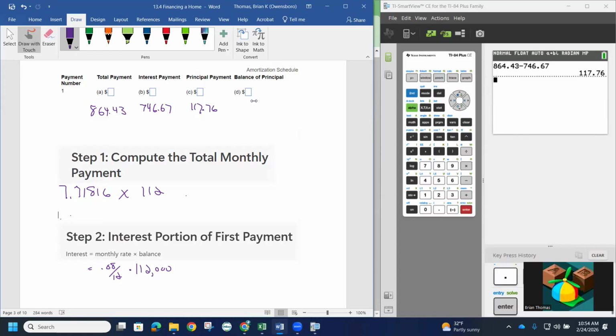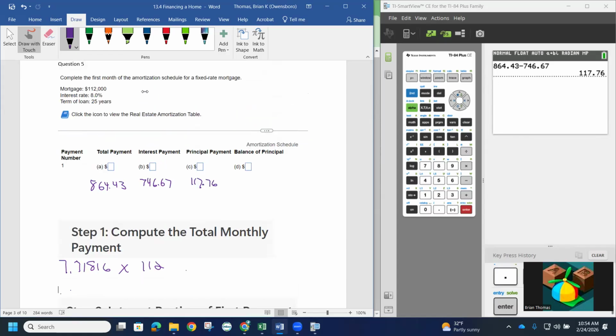So for the balance of our principal, we start with $112,000. We now subtract the principal payment, and that tells me what my new balance is. So if I put the 112,000, which is what I owe the bank right now, and subtract our principal payment, that's what actually makes our loan go down.